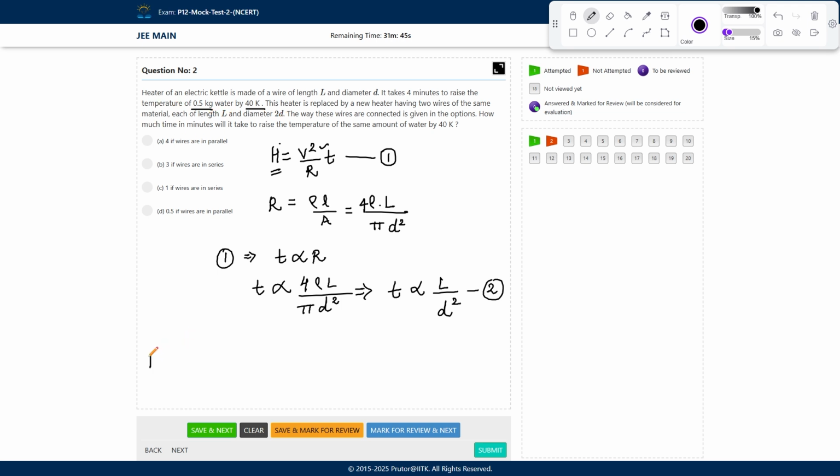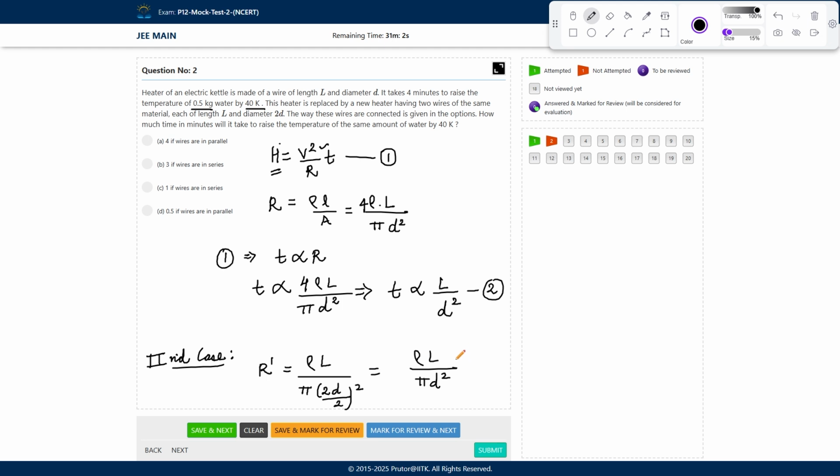So now the resistance of one wire will be rho L upon pi times the diameter squared. The diameter is 2d, so rho L by pi (2d by 2) square, which results in rho L by pi d square.